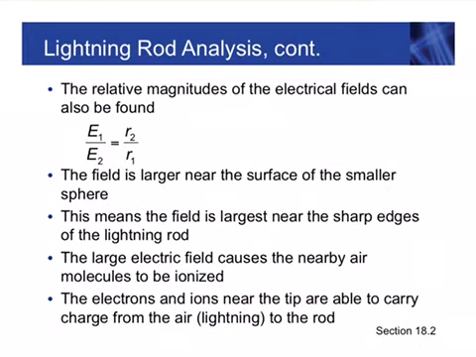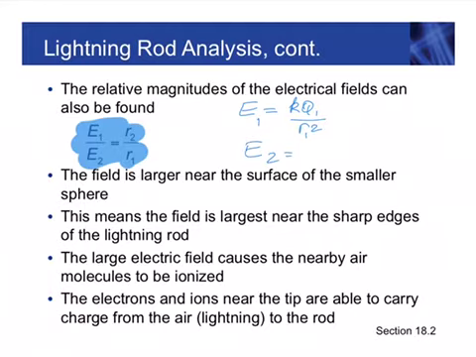Doing a little bit more algebra, we can also find the relationship between the electric field on the first small sphere and the electric field on the second sphere. We can do it by using the definition of how we calculate electric field: E1 is kQ1 over R1 squared, and E2 is equal to kQ2 over R2 squared.